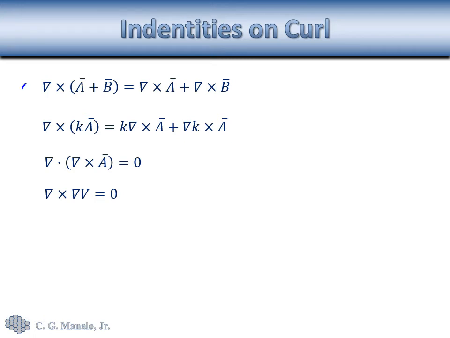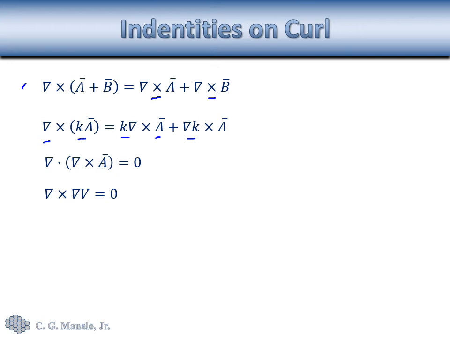This is the curl of the sum of the vector fields, which is equal to the sum of their curls, the curl of A plus the curl of B. Now, if we have a vector field multiplied by a scalar k, the curl of that is k del cross A plus the gradient of k cross A.